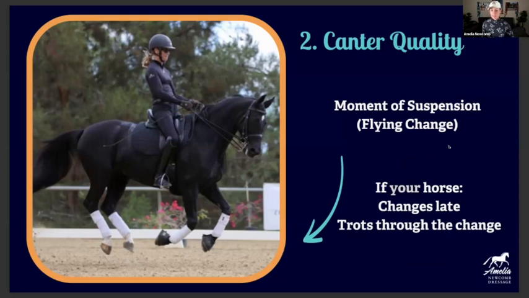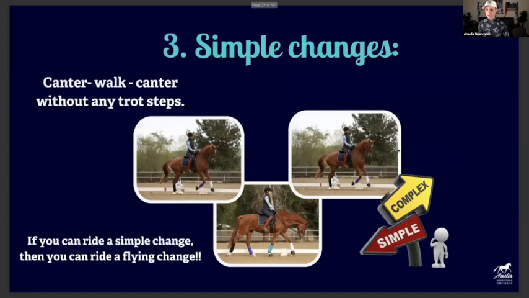Hopefully that's making sense. But if you're having trouble with your flying changes, working on the canter quality and the canter rhythm is the best way to improve your flying changes. You don't want to just keep riding bad flying change after bad flying change. And I see some of you are in the canter challenge. Awesome. There's some great videos in there to help you with your canter quality.